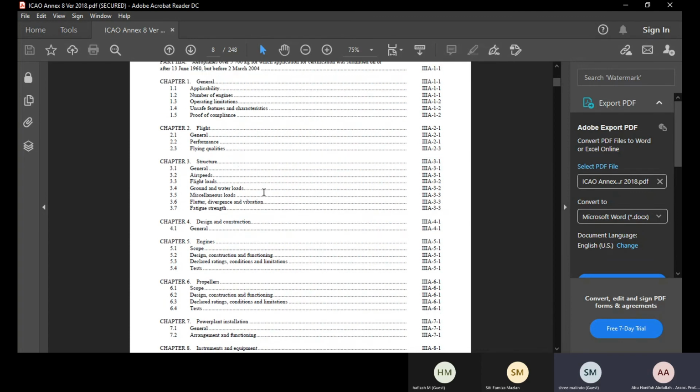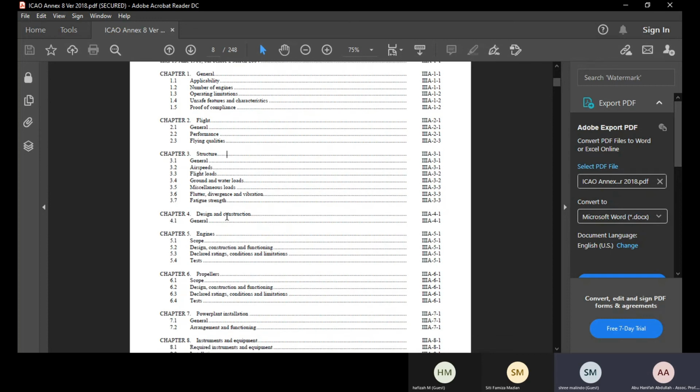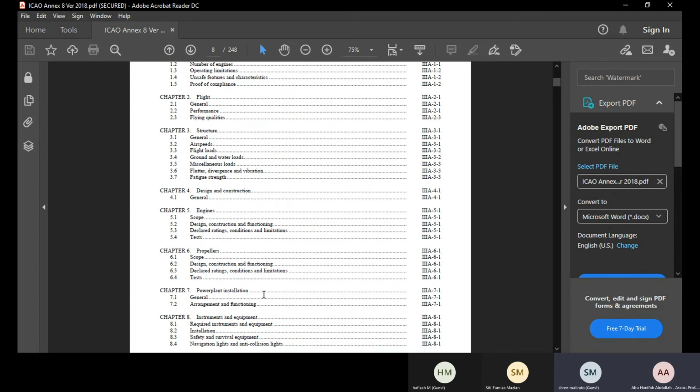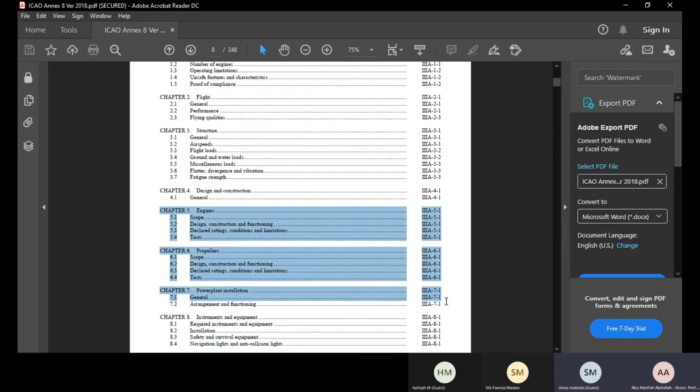So here is general, is subpart A. Later when you go to the subpart, you just think back. Flight subpart B. Structure subpart C. Design and construction subpart D. Engine, propeller, power plant installation is subpart E. So chapter 5, chapter 6, chapter 7, they put them together under subpart E.